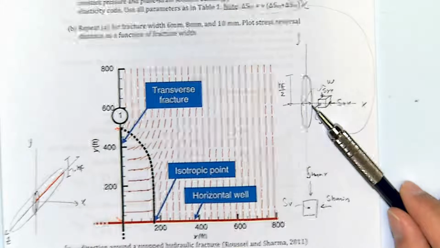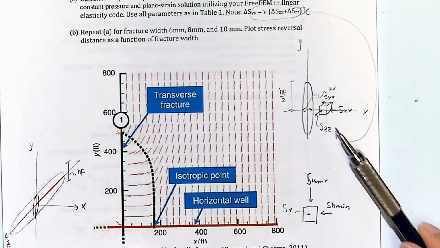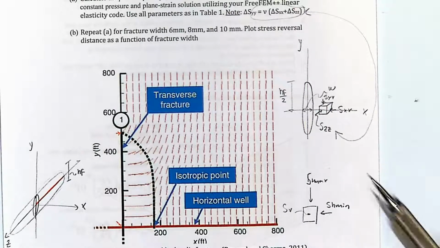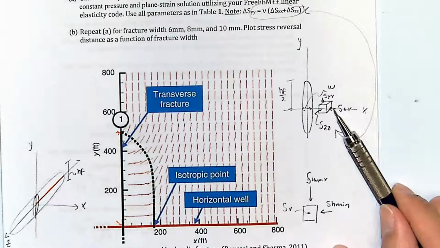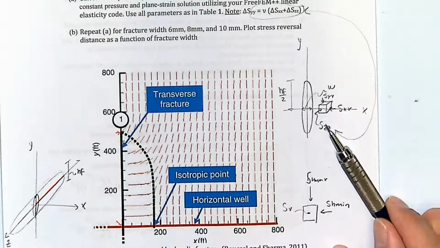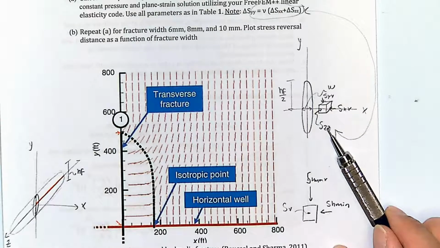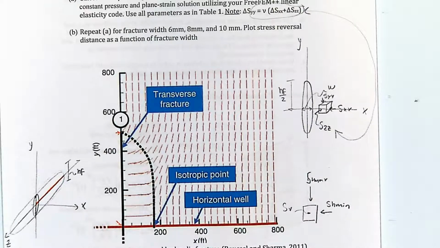You make a fracture here with all the properties that are given in the reference. Don't add any far field stresses, okay? Just make all displacement 0 everywhere, pressure in the fracture, compute the change of stress in this direction, in that direction, and the change in the perpendicular direction is going to be given by this equation, Poisson ratio times the change of stresses in the other direction.